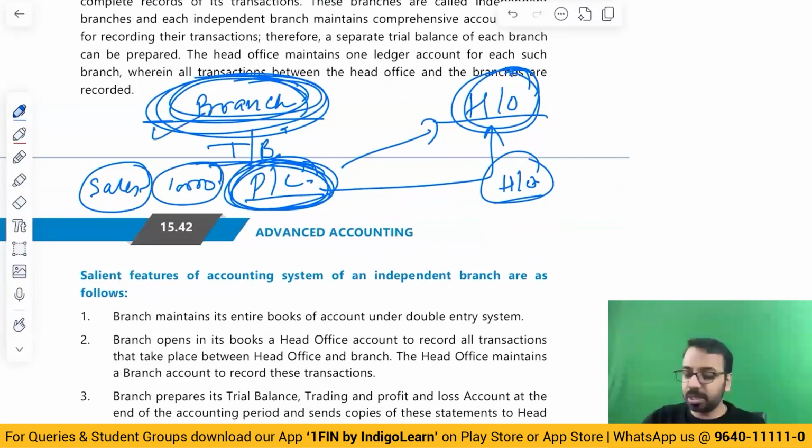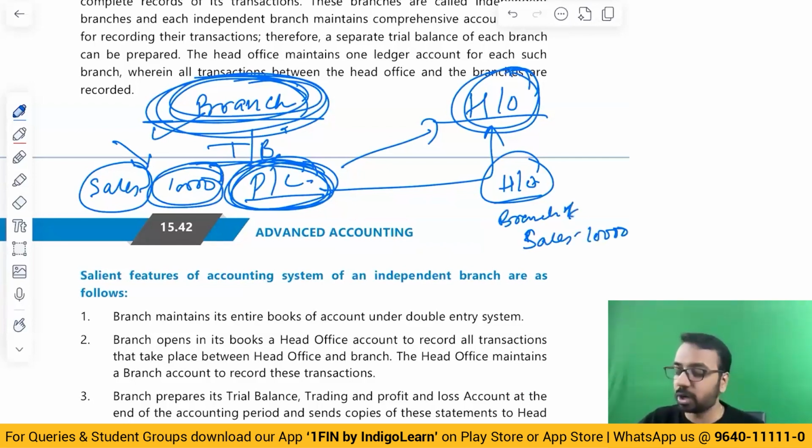One option is branch will prepare the P&L based on this and you will continue. The second option is this 10,000, HO will record sales of 10,000 and they will debit branch account. Basically, it's not a single entry. A list of entries is passed like this together to incorporate the balances of branch account in the head office books. Okay. And in the next year again, with the assets and liabilities, the entry is reversed so that the branch can continue. Okay.